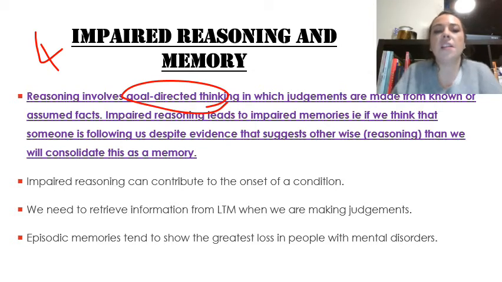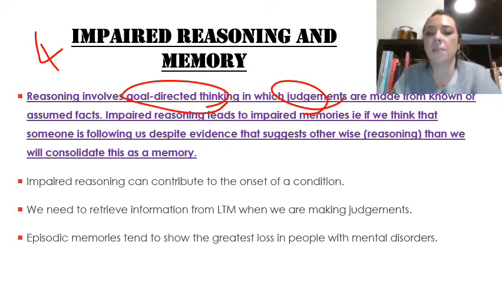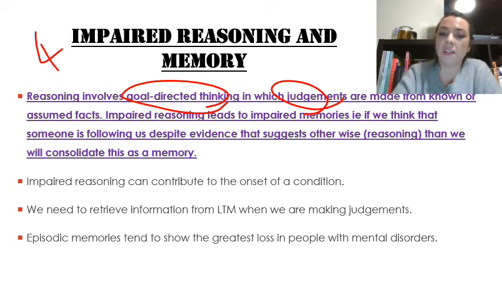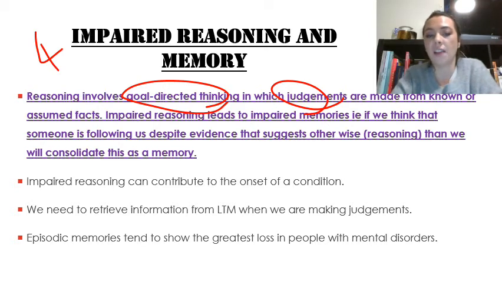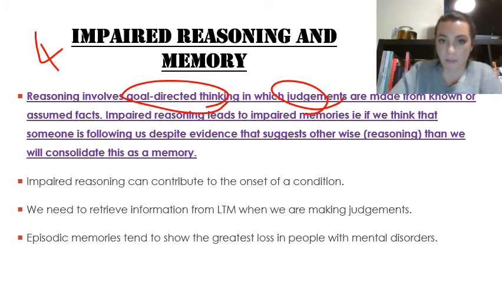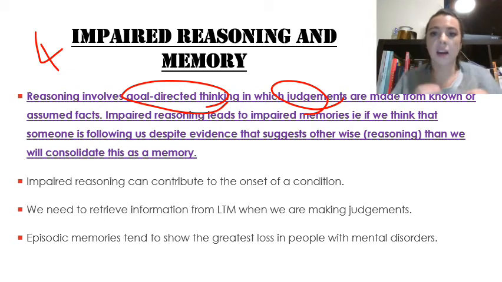So reasoning is goal-directed thinking in judgments, and they are made from known or assumed facts. Impaired reasoning leads to impaired memories. So if we think that someone is following us despite evidence that suggests otherwise, then we would consolidate this as a memory. So what we can see here is that one thing leads to the other.